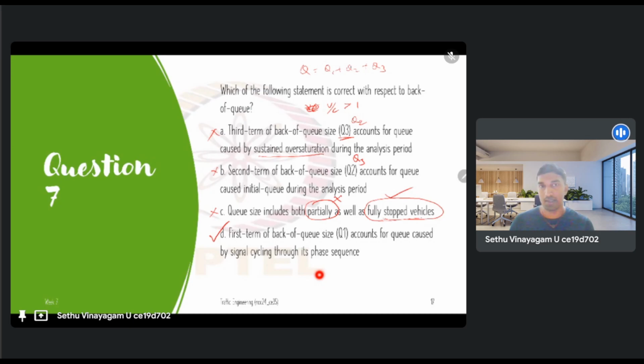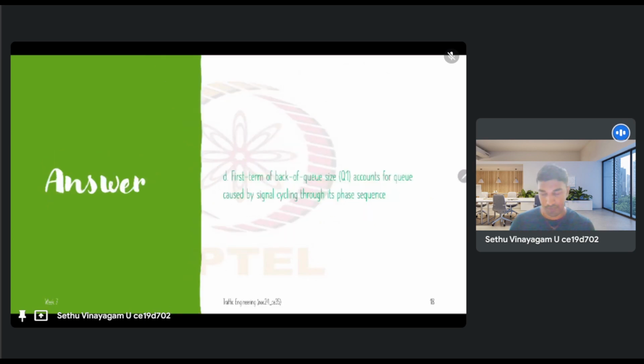So even when v is less than c, not always, if your signal settings are such that all vehicles that came in could not go through, you will still have some queues formed. So Q1 is for that signal operation, which naturally leads to some queues being formed. So D is the only correct statement out of all these four. The right answer is option D.